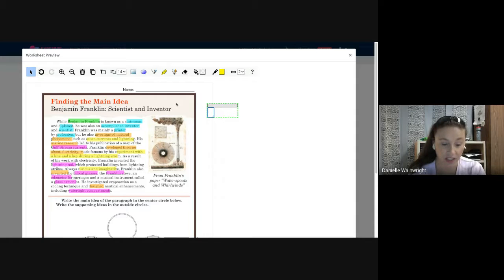So, the key detail is that Benjamin Franklin was an inventor. What's the question we could come up with from that? Some people might have said, what did he invent? Or, how did he invent them? Those would be things that you could ask.